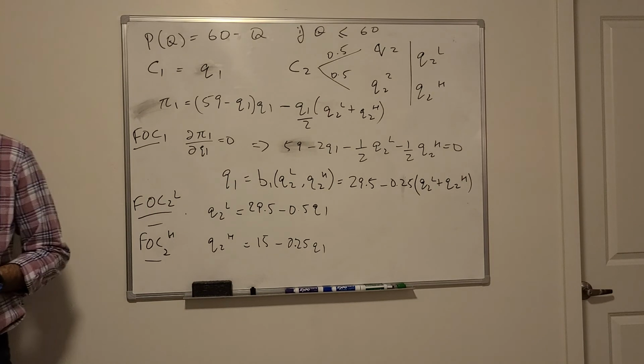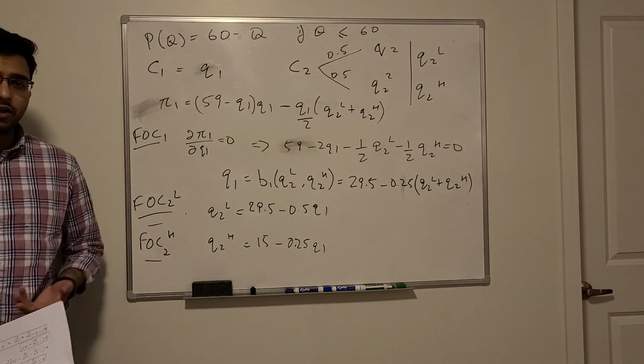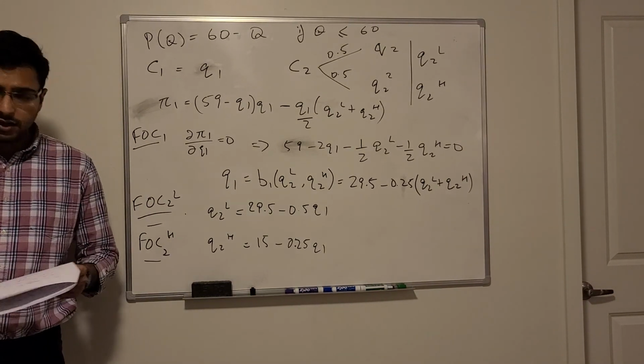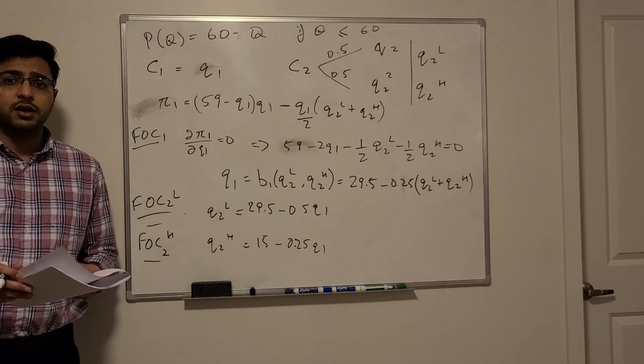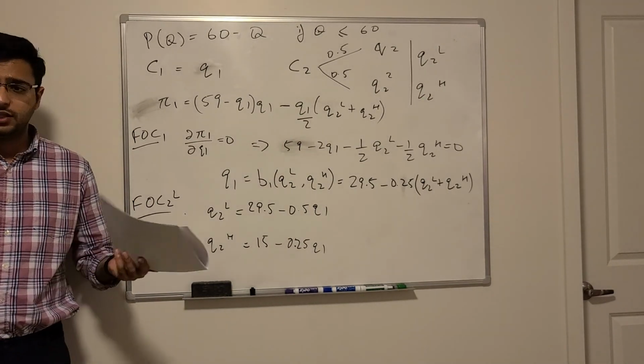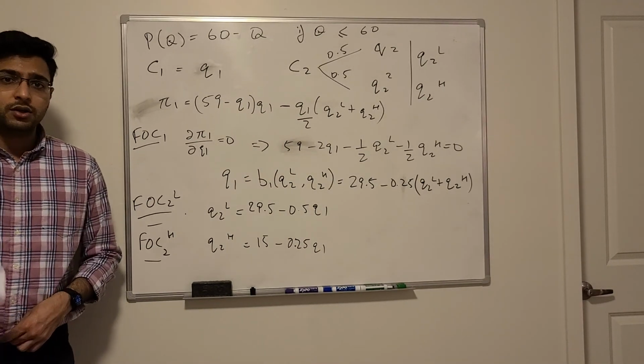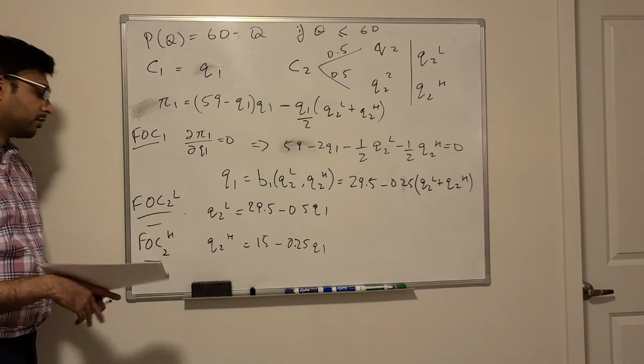And then in equilibrium, what we have simply is 3 equations and 3 variables, and so we can calculate out the equilibrium values of Q1, Q2L, and Q2H.